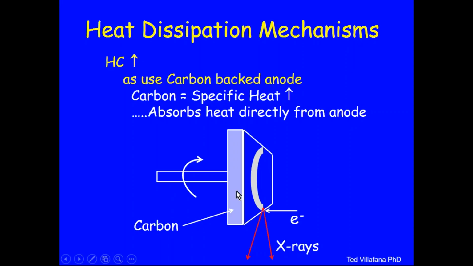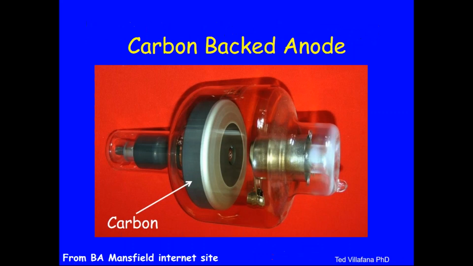The carbon is a heat sink. We're going to pick this up next time, but I just wanted to show you what it looks like before I leave. There is that carbon-backed anode, and here is the actual target. We'll pick it up again with this slide the next time we see each other.